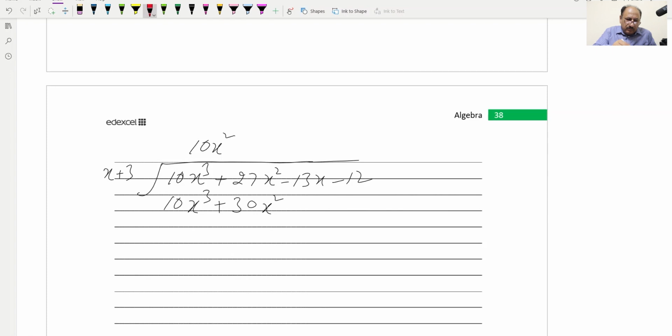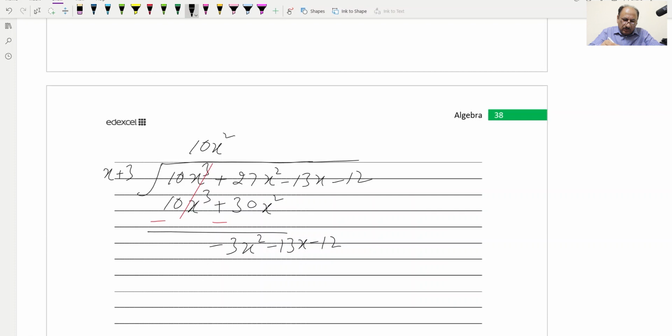Now we change sign, the first terms cancel, and we get minus 3x squared minus 13x minus 12.